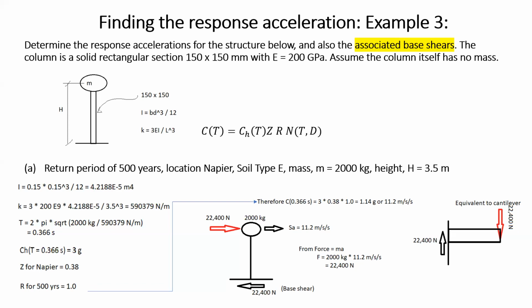Let's look at the next problem for B. Sorry, there's actually no moment if it's like a cantilever? Yeah, there will be. But I'm just asking for the base shear for the moment.